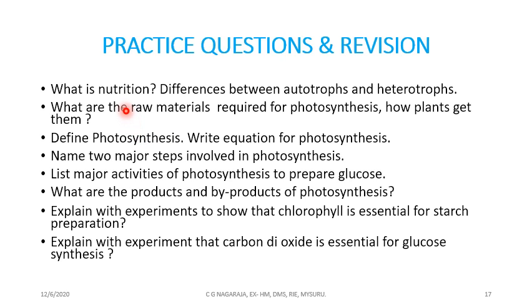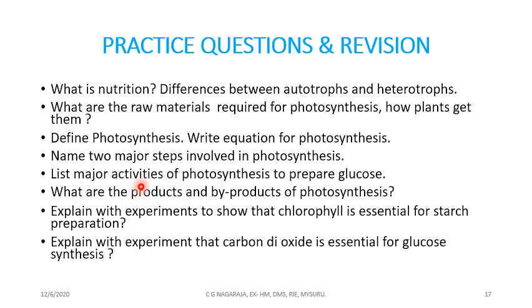For your practice, you should know what is nutrition, and the differences between autotrophs and heterotrophs. What are the raw materials required for photosynthesis? How do plants get these raw materials? Definition of photosynthesis, and you must practice writing the equation for photosynthesis. Name the two major steps involved in photosynthesis: dark and light reactions.